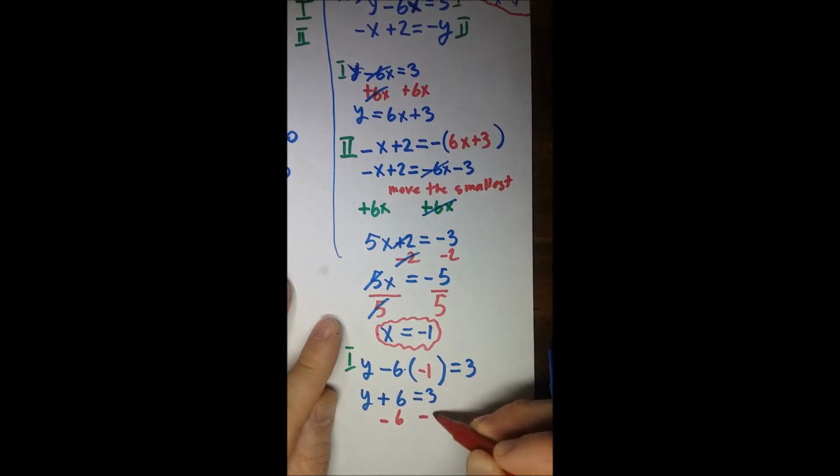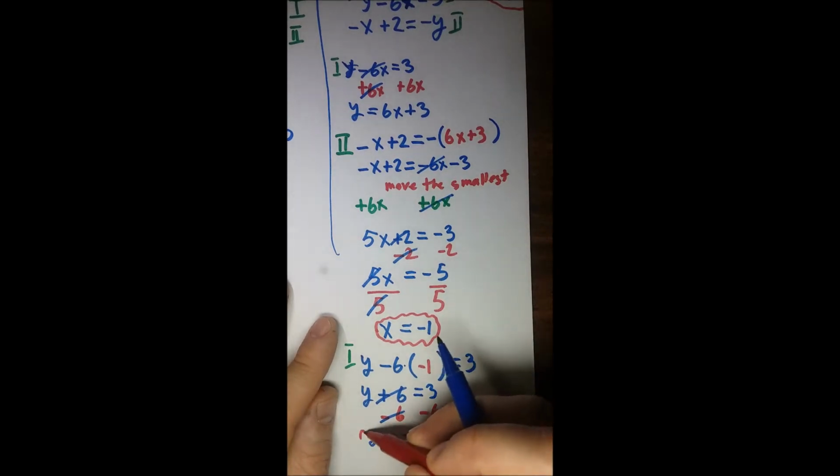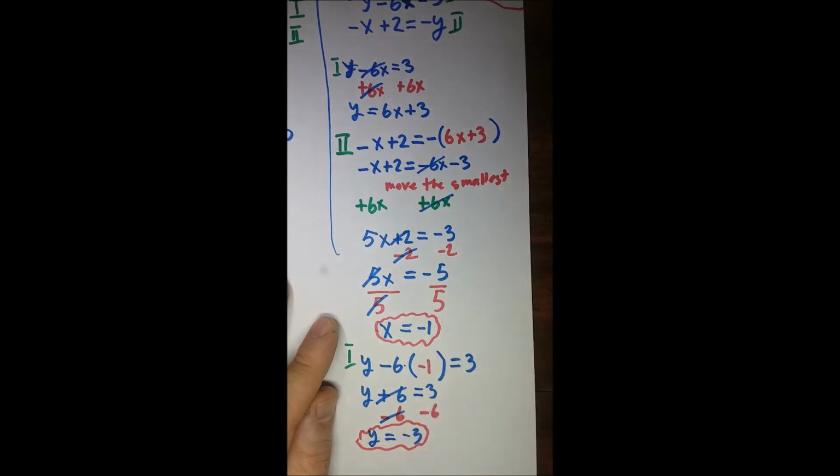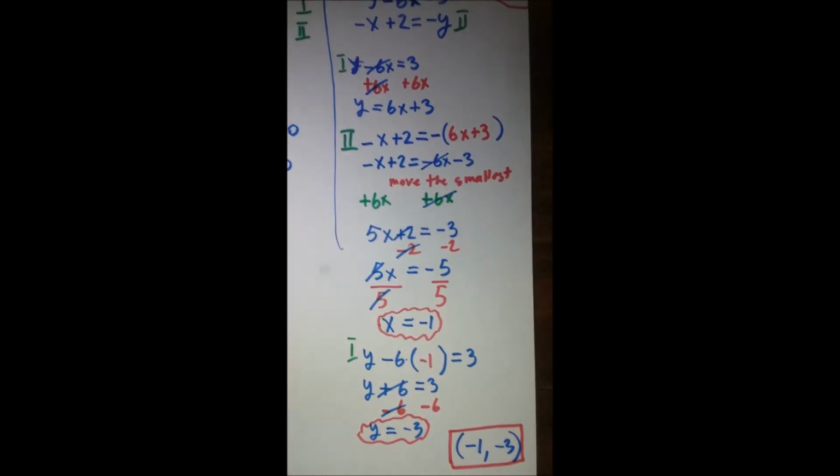Subtract 6 from both sides. And watch this. Watch magic. Y equals -3. 3 minus 6 is -3. Voila, we get this. Write down your answer. X is -1, y is -3. Close parentheses. Problem solved. What a tough example.